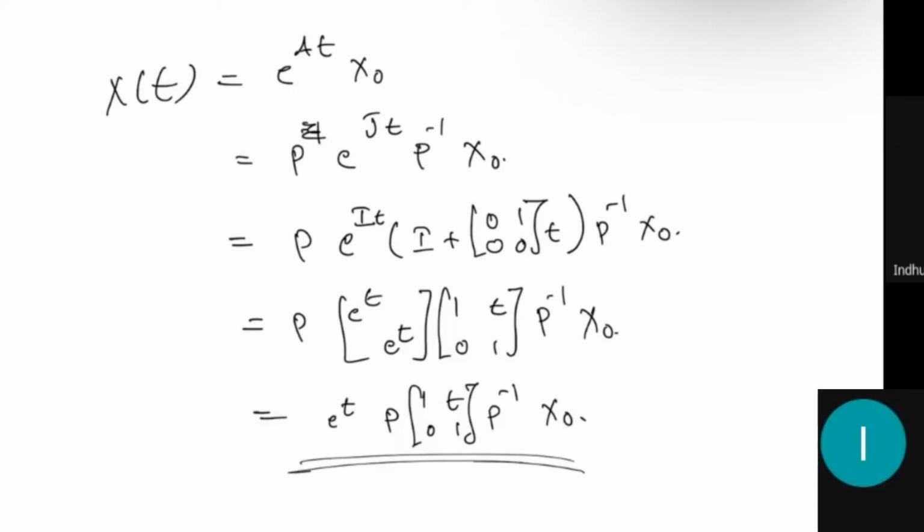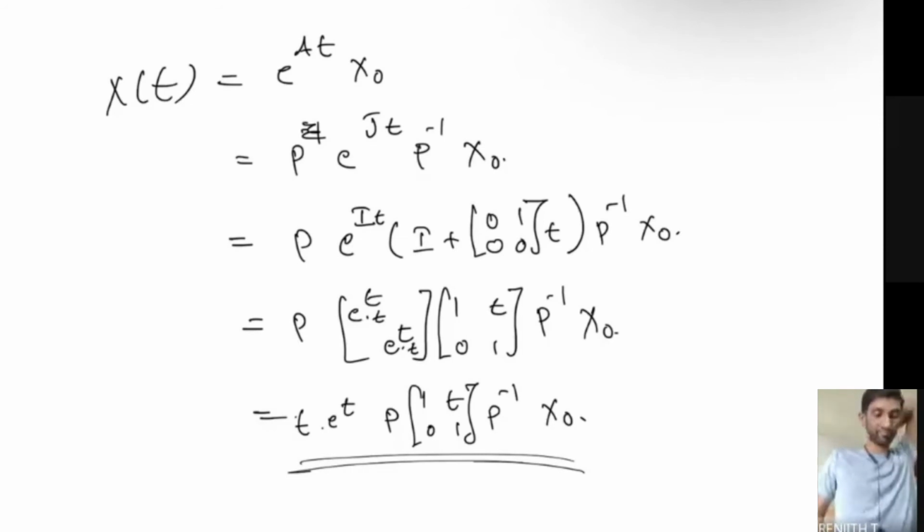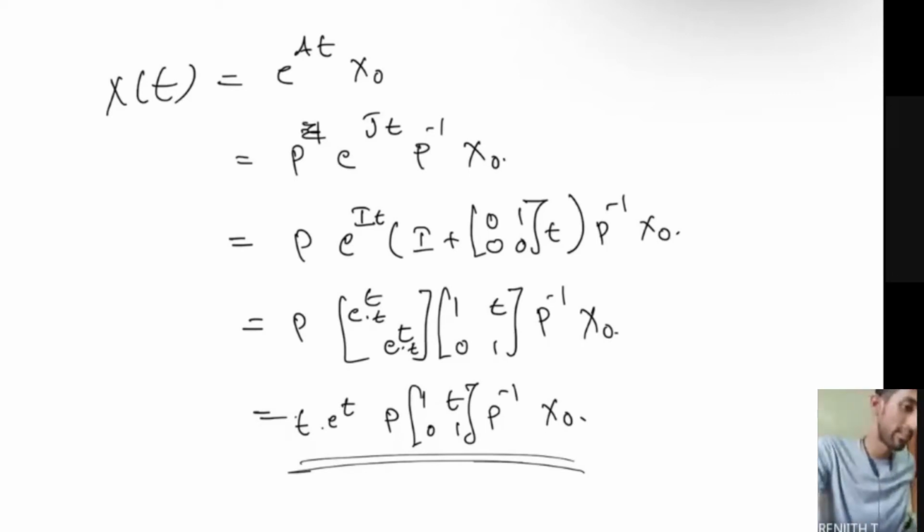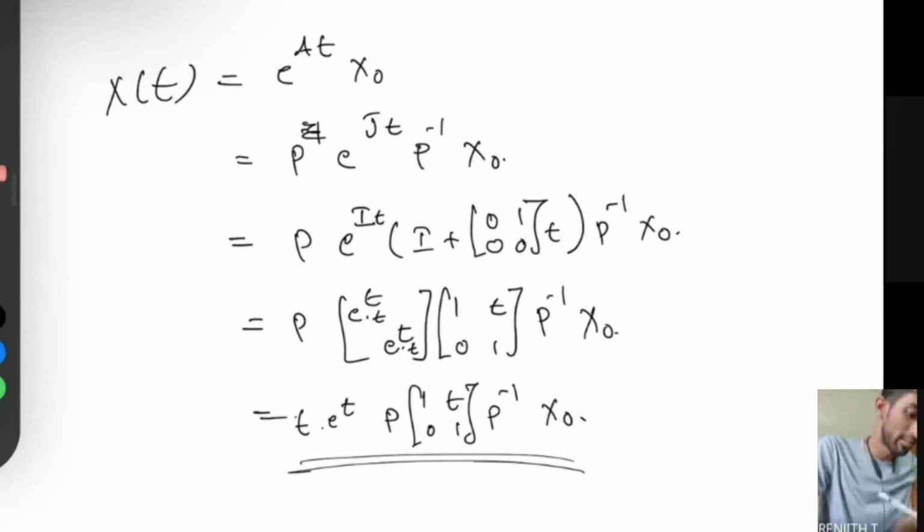Sir, second term I plus 0, 1, 0, 0. T e power t. Which one? Now it is fine, right? No. Second term, sir. E power t is enough. 1 minute. Which second term?